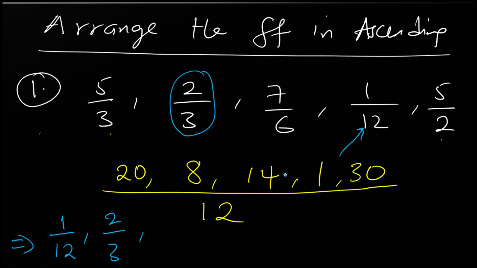And we have 14, that is 7 on 6. And we have 20, that is 5 on 3. And the last one is 30, that is 5 on 2. That's that. Okay.